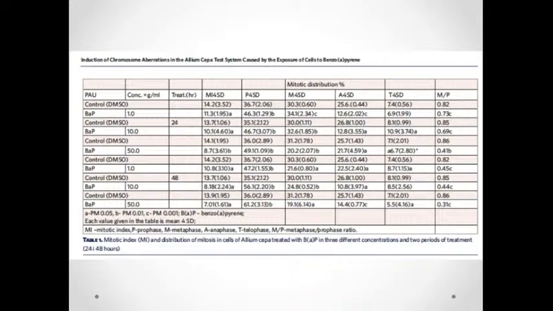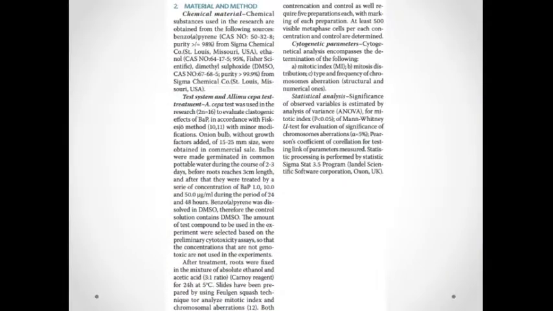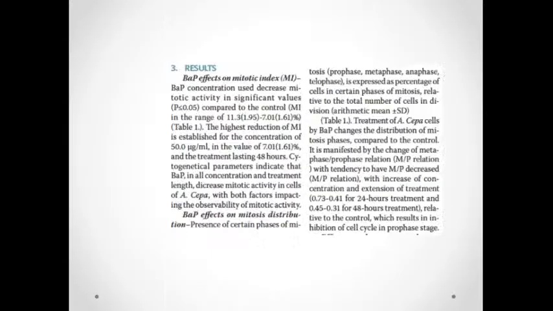And further, as I showed you, they used different chemicals for different hours, and they used DMSO also, and for the treatment, PAU. So in the results, we can see the effects of BARB on the mitotic index: BARB concentration decreases the mitotic activity in significant values compared to the control values.